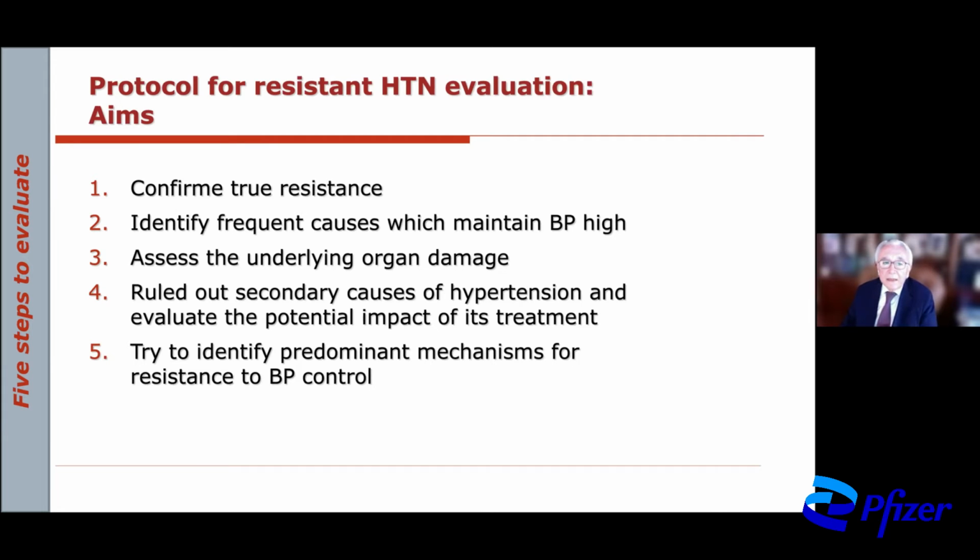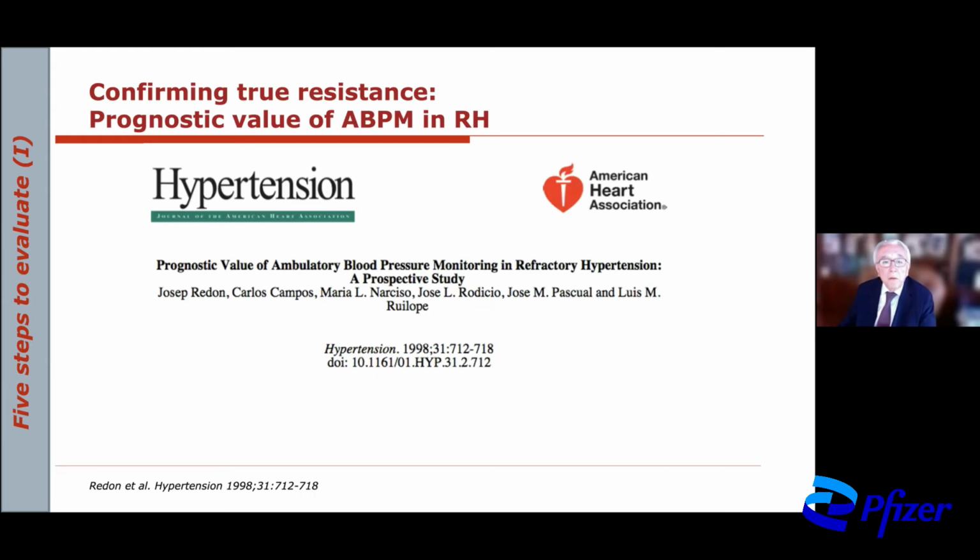The third is to assess the underlying organ damage of the patients. The fourth is, of course, to rule out secondary causes of hypertension and evaluate the potential impact of it on the treatment. And finally, we need to try to identify the predominant mechanisms for resistance to blood pressure control.